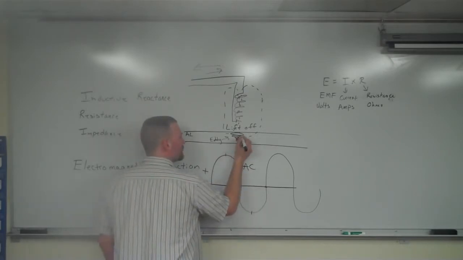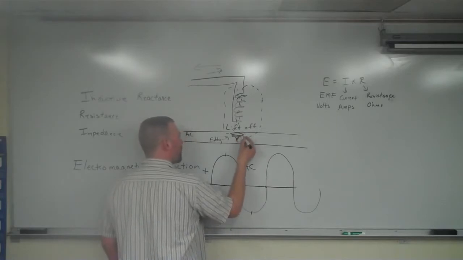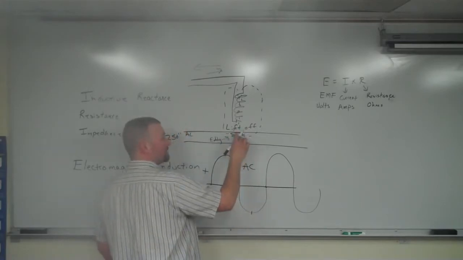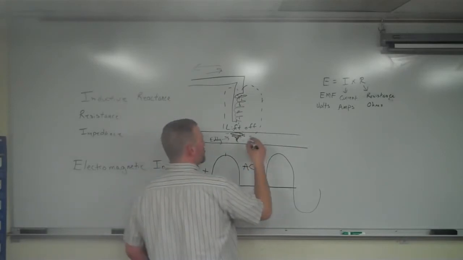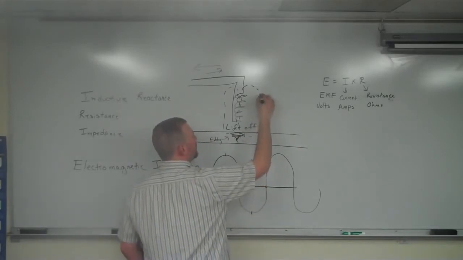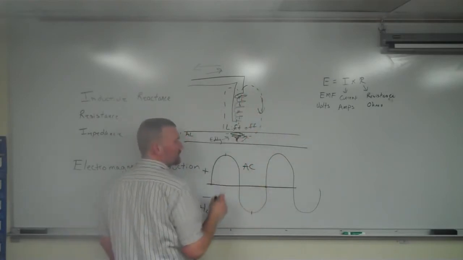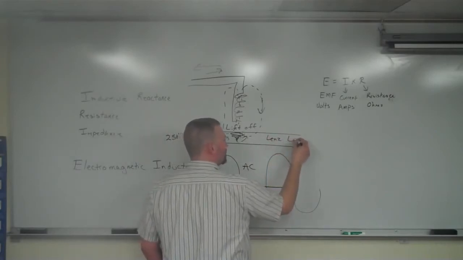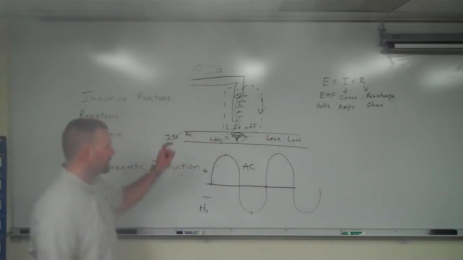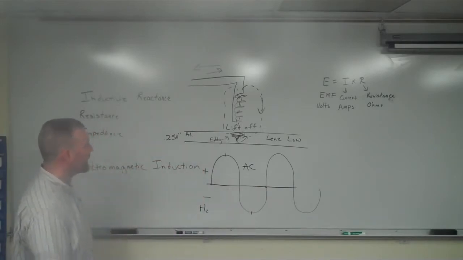Each one of these little eddies makes its own magnetic field. So it has an overall magnetic field, which is relatively weaker than the primary magnetic field, and also opposes it. If this one is spinning this way, then this one is spinning the opposite way. That's from Lenz's law, which says if you've got one thing spinning one way, you've got to have something else spinning the opposite way to counteract it.